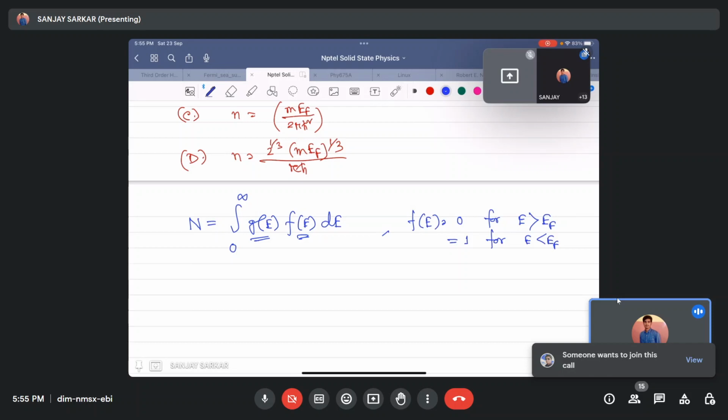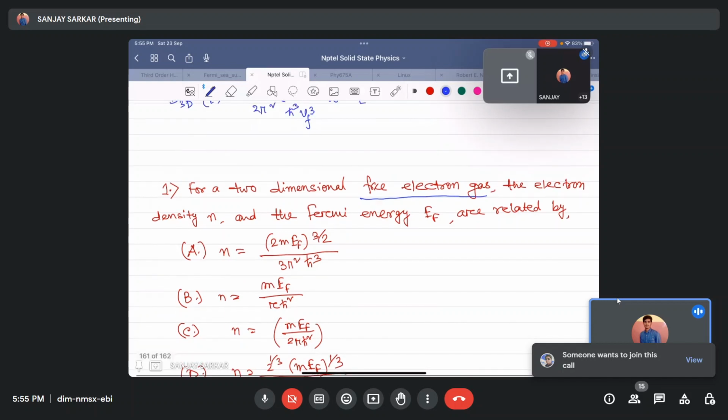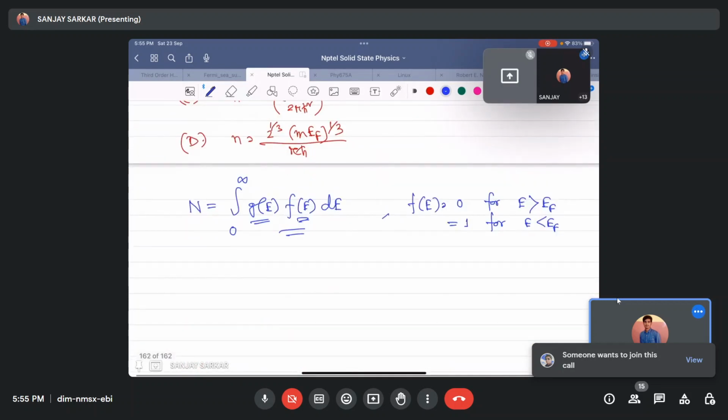So using this relation, you also know the G(E) for this two-dimensional free electron gas. So you can use the E equal to h bar square k square by 2m relation, and for that case you know the density of states G(E) for a 2D system, and then calculate the value.